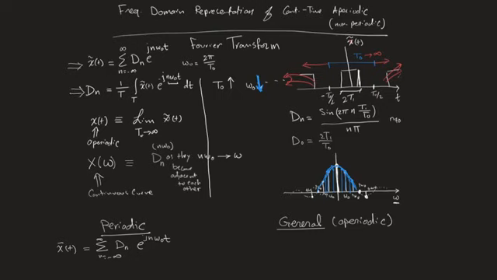For the general or aperiodic case, my time domain signal x of t is equal to 1 over 2 pi times an integration, again from minus infinity to infinity. Inside, instead of d n, I now have x of omega, the continuous frequency domain spectrum, multiplied by e to the j omega t, since n omega naught becomes omega. And since I want this to be a function of time, I integrate over omega, the frequency.